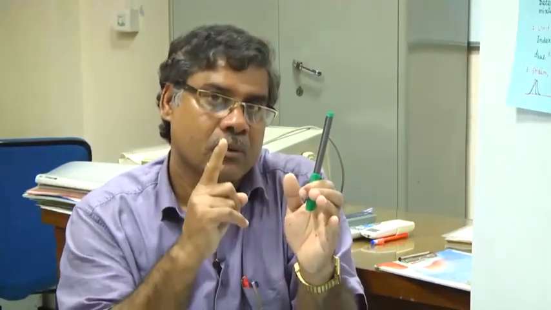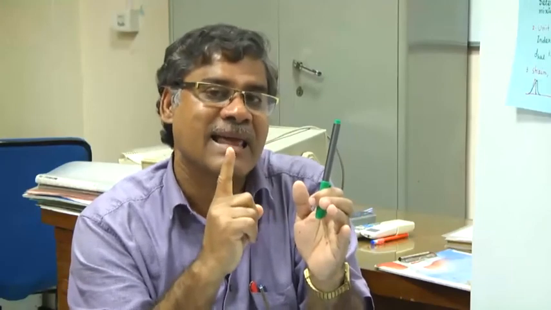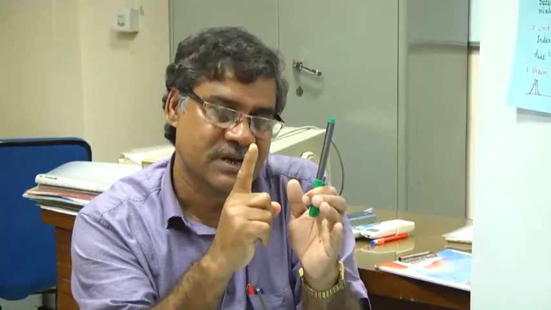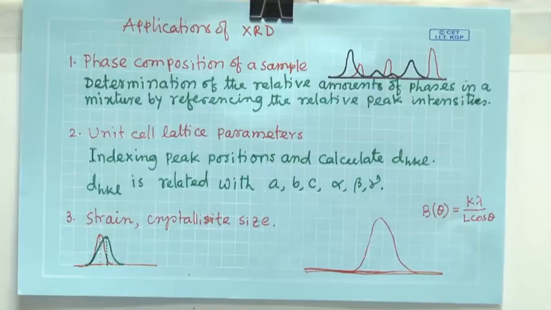So, for an unstrained material, there is a position of the Bragg peak, the Bragg angle, and if it is strained, this Bragg position will be slightly changed.